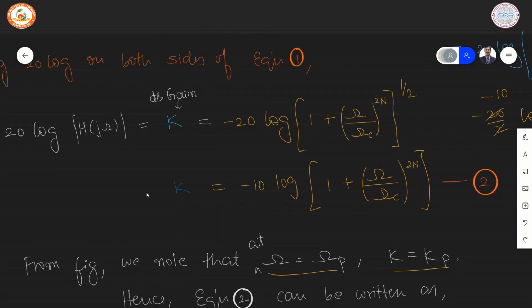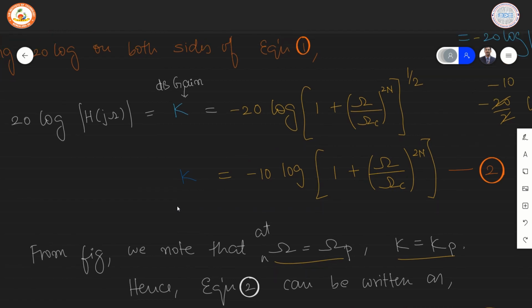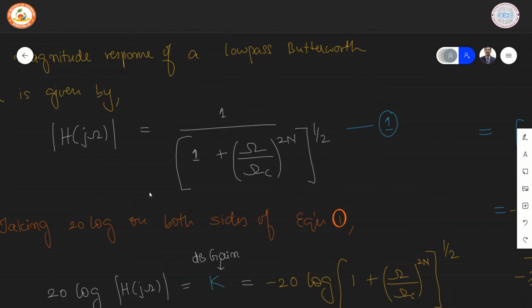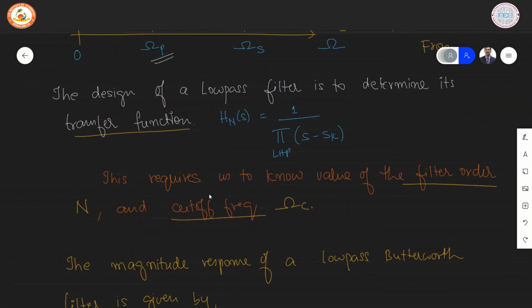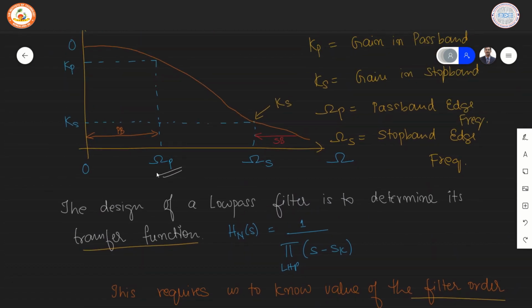Now, in equation 2, let us make a couple of changes. From the figure, we have observed that when the value of frequency ω is equal to ωp, the value of gain will be equal to Kp. Therefore, let us do the substitution. ω is equal to ωp and K is equal to Kp in equation number 2.